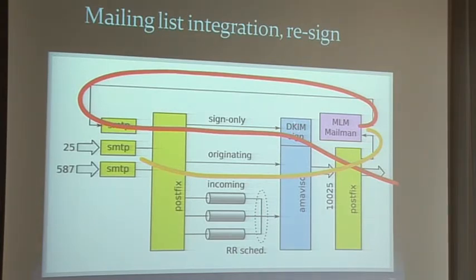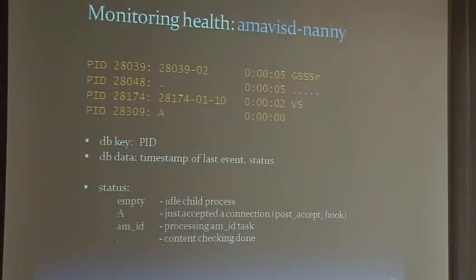At the same time, you can disable all other checks, virus checks, spam checks, because this mail we know has already been checked once on the way in to the mailing list manager.